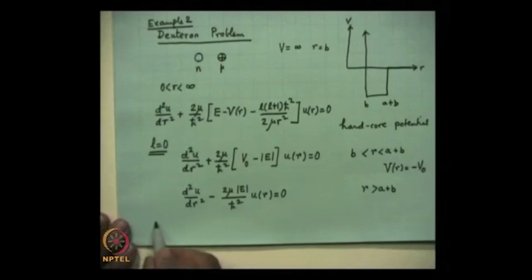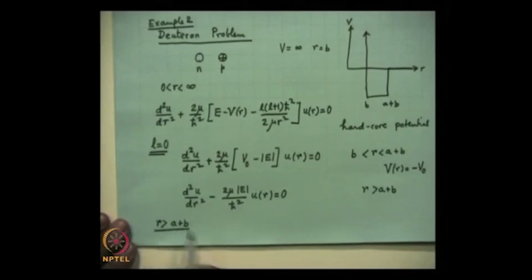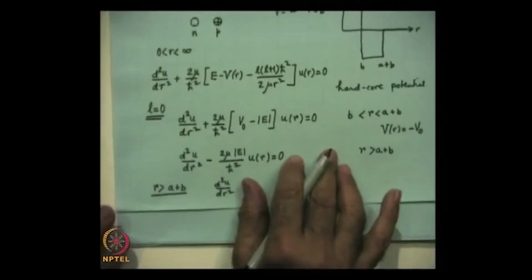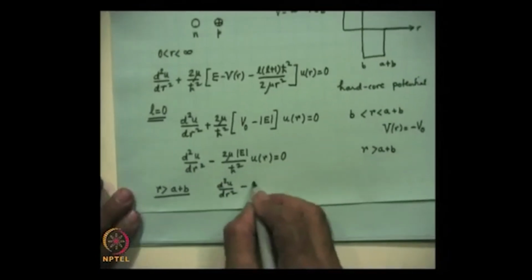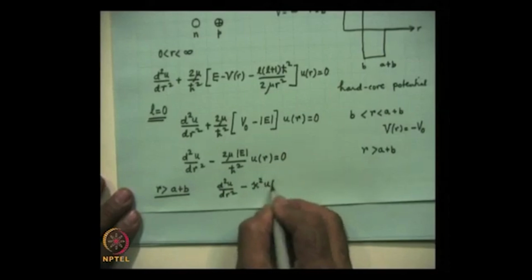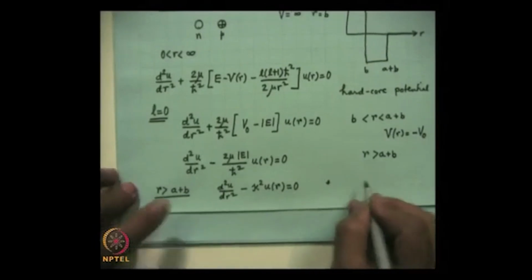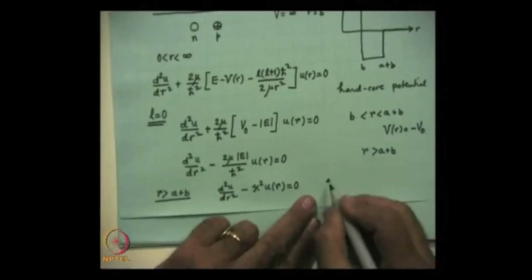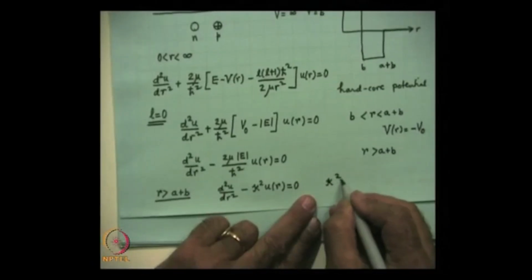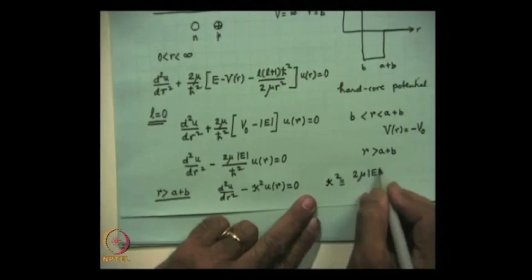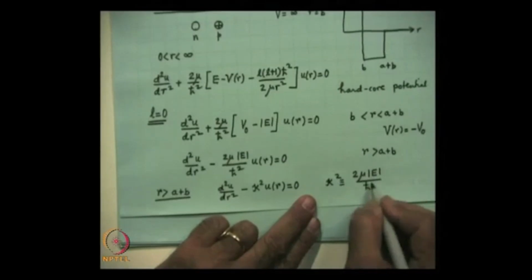In the region r greater than a plus b, I write this as d2u by dr square minus kappa square u of r is equal to 0, where kappa square is defined to be equal to 2 mu mod E by h cross square.